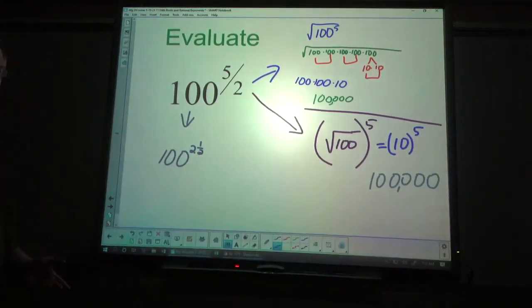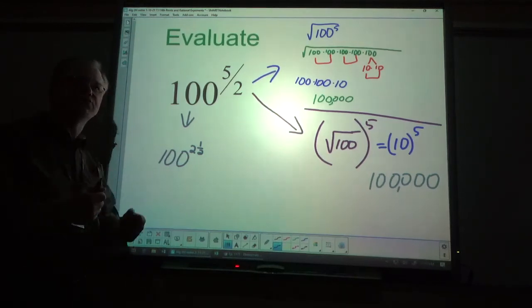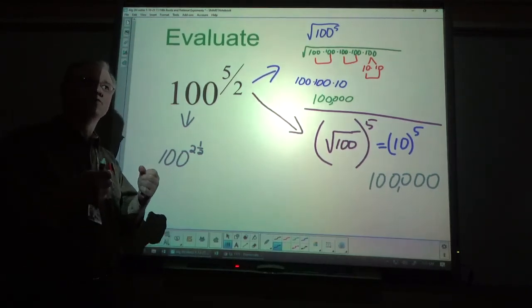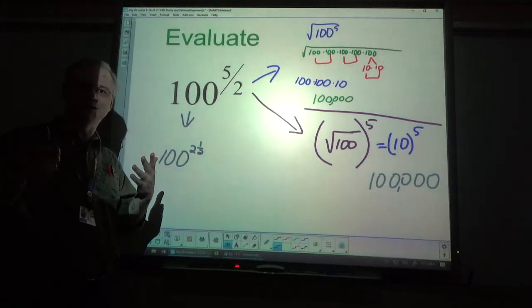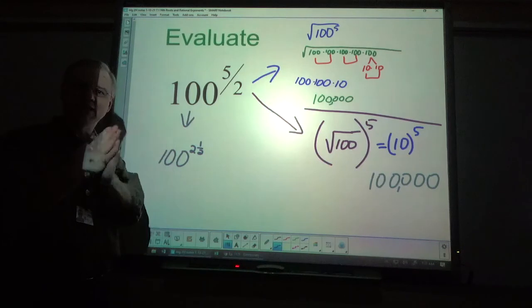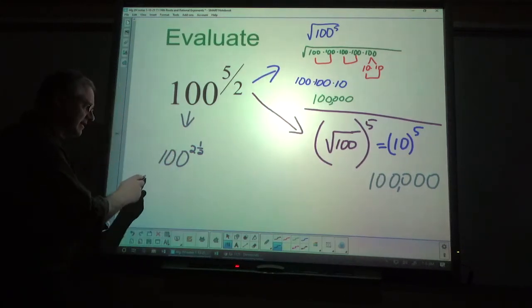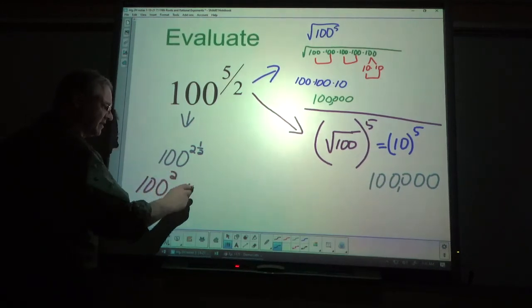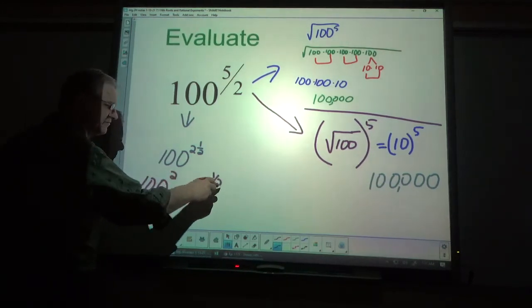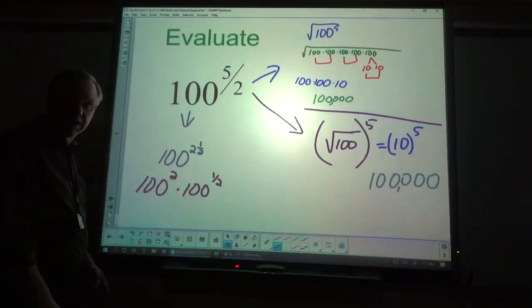If it's the 2 1/2 power, aren't you able to, when you raise something to a power and you multiply it times that same thing to a power, you add exponents. Well, why can't we break it apart in the same way and say that that's 100 to the 2nd times 100 to the 1/2? Right? Because if I multiply, I add the exponents, I get back, right?